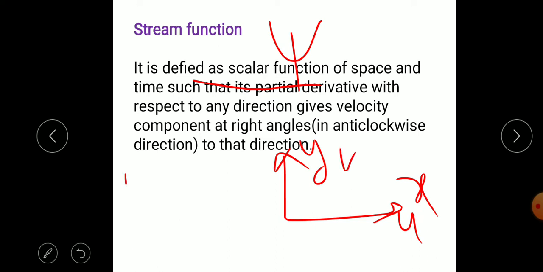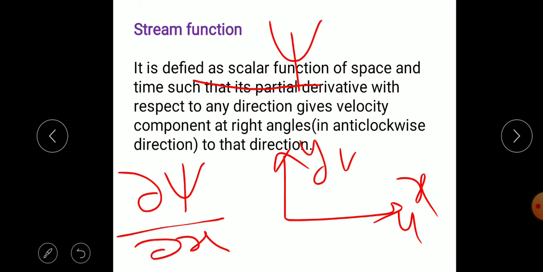If we take the derivative of psi with respect to the x direction, we get the velocity component at right angles to that direction, which is v. So ∂ψ/∂x will be v.